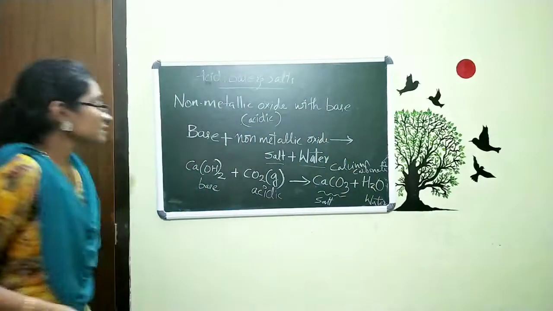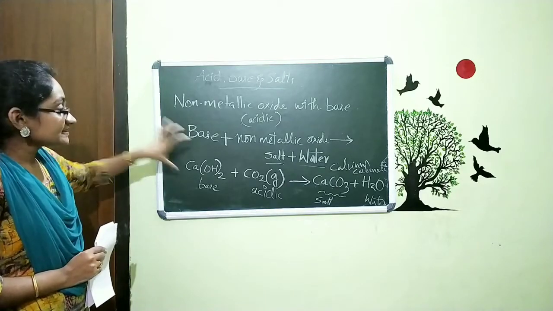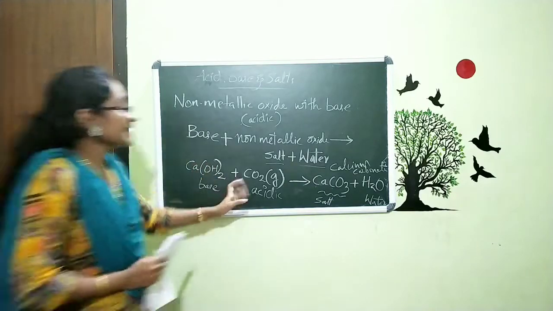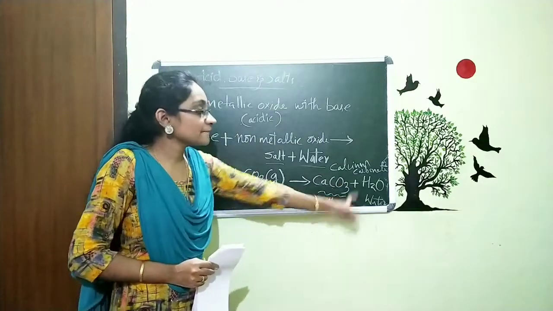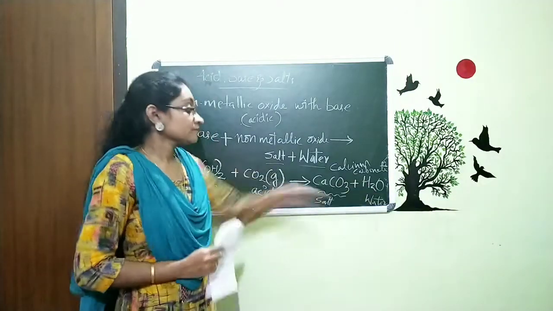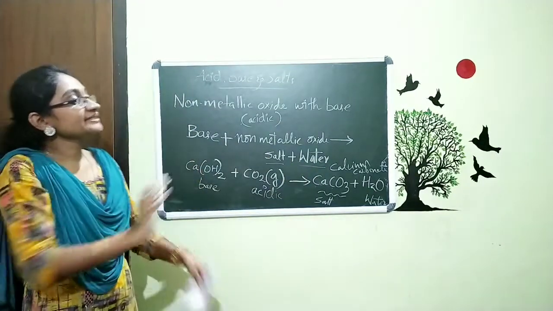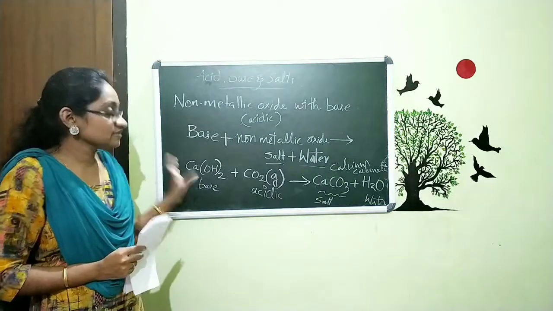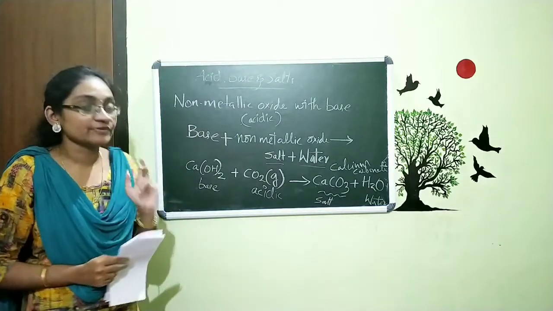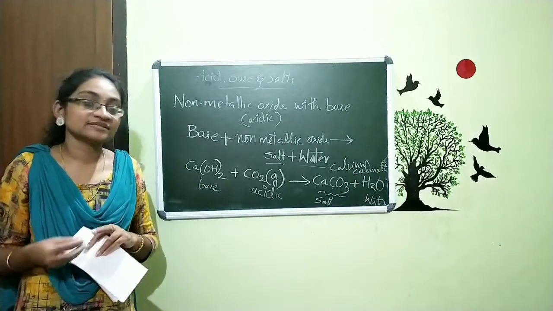So when calcium hydroxide reacts with carbon dioxide, we get calcium carbonate plus water. This is all about this equation. We discussed different types of reactions with acid and base. So study all these equations and also read your textbook, and we will meet in our next class with the further topics. It's enough for today. Thank you.